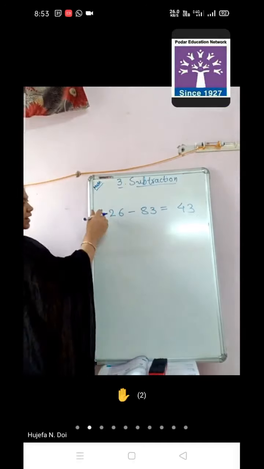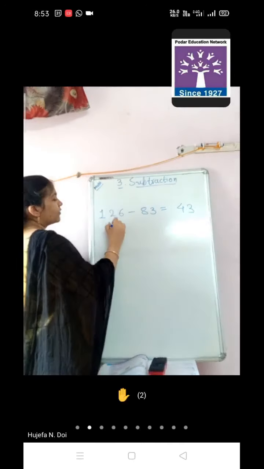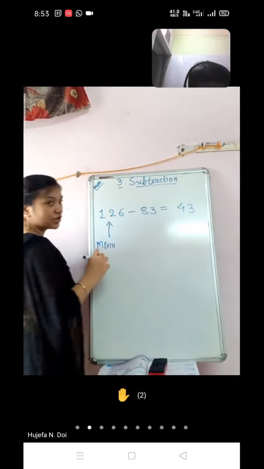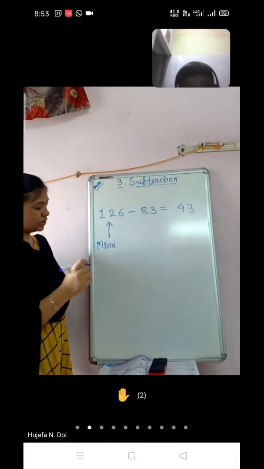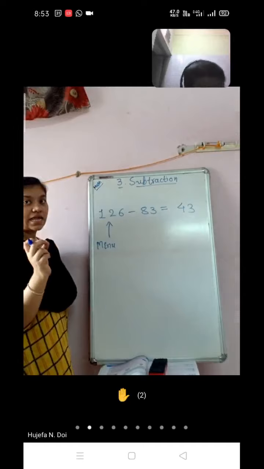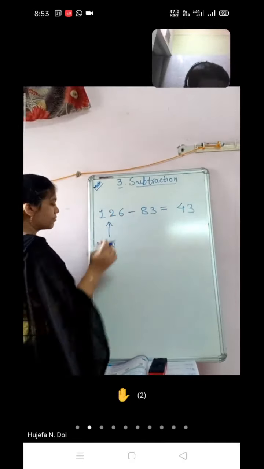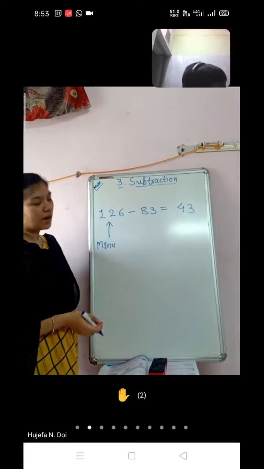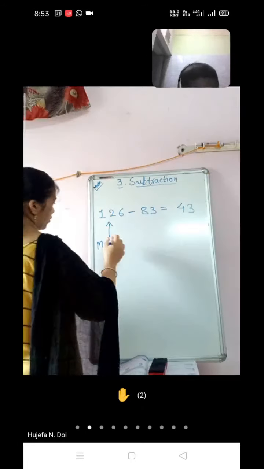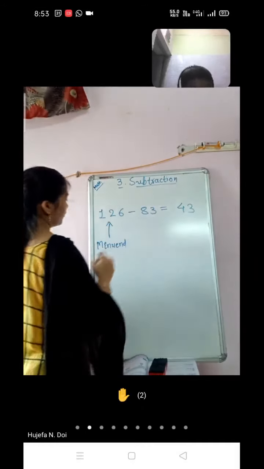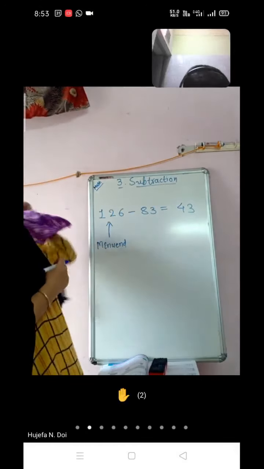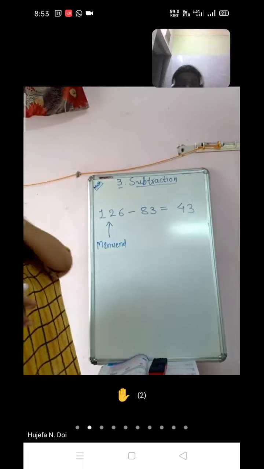So like that, when you are doing a subtraction, there is a particular name for the numbers. First number is called minuend.